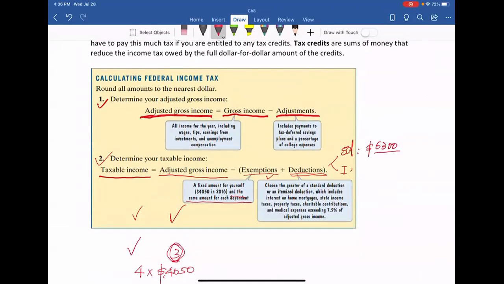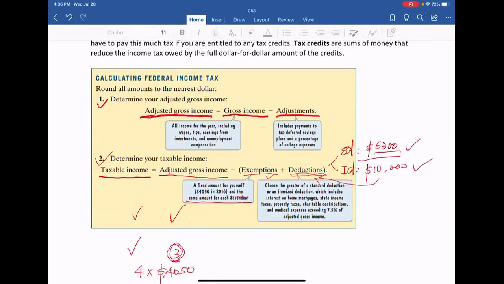And the itemized deduction includes the interest on home mortgage, state income taxes, property taxes, the contribution to charity, and the medical expenses exceeding 7.5% of adjusted gross income. So compare which one is greater. If the itemized one is 10,000, we choose this one as deduction. If the other one is greater, we choose that one.